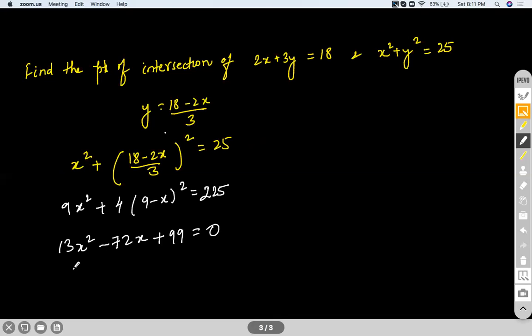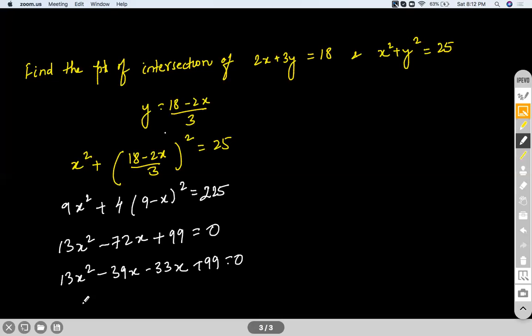Now, is this factorizable? Let me check. I don't think so. Okay, I can factorize this as minus 39x and minus 33x.